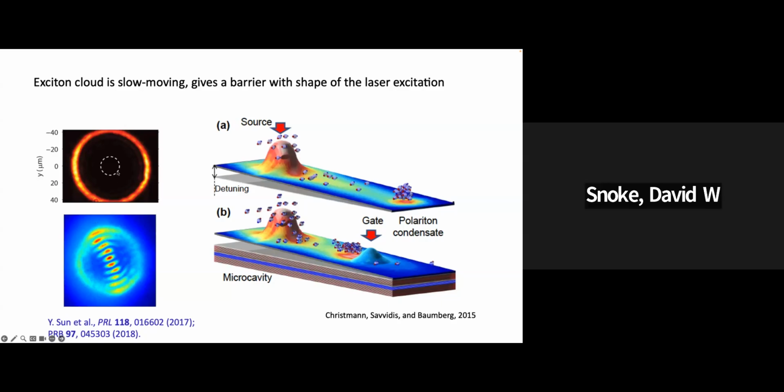But in the middle, it's kind of empty, and so the polaritons can flow a lot better. This is another experiment that was done a while back in which they use it like a transistor, in which you create a bunch of polaritons here, and then you can create a blob of excitons here and block the flow of the polaritons from going down a channel.